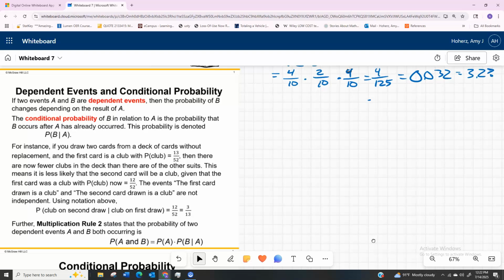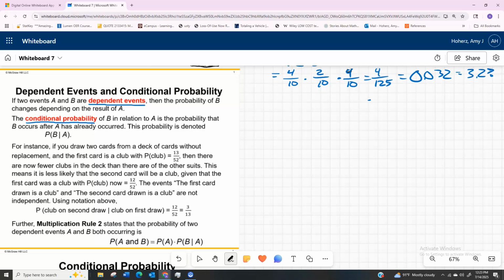The only difference is that when we're looking at the consecutive events, the second event, the third event, if the events are dependent on each other, we have to take into account what happened on the first event, or prior events, however many there are. So if 2 events are dependent events, then the probability of B changes depending on what happened with A. And we then have what's known as conditional probability.